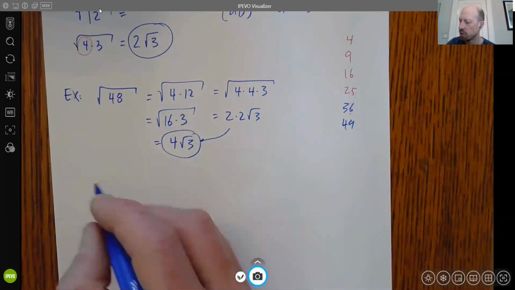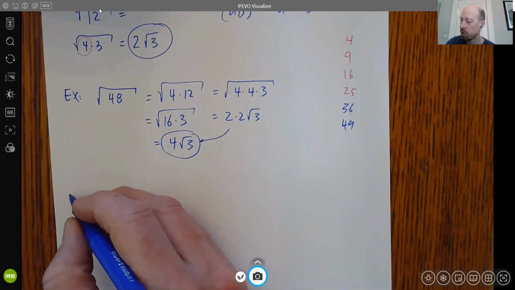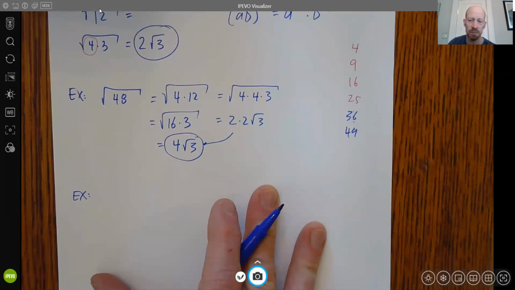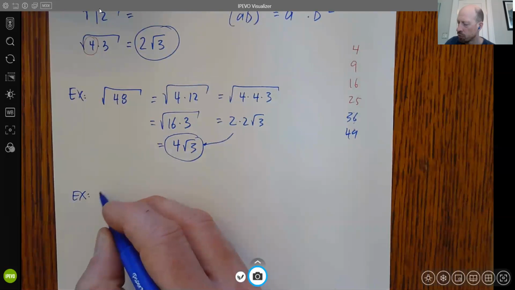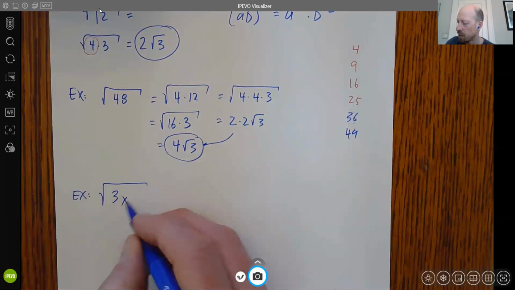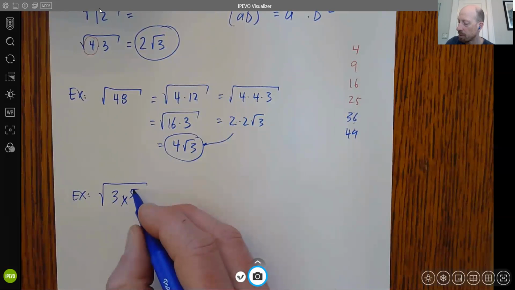This also is true when we are working with variable expressions as well. So let's say the square root of 3x to the 8th.